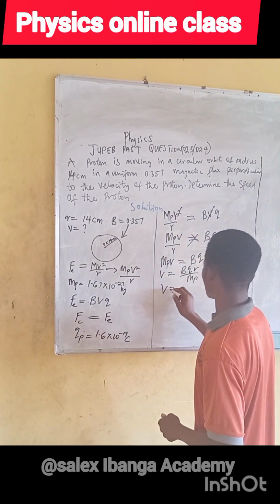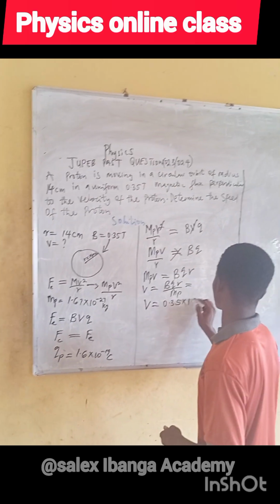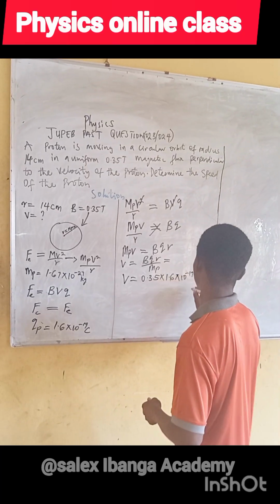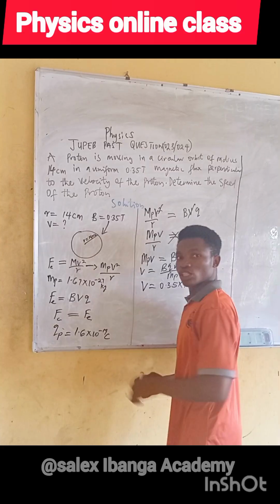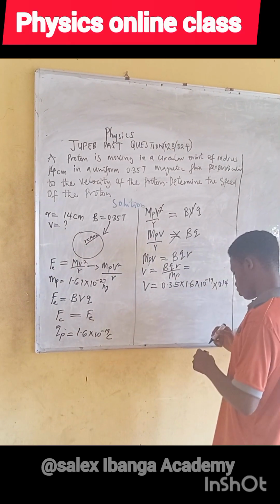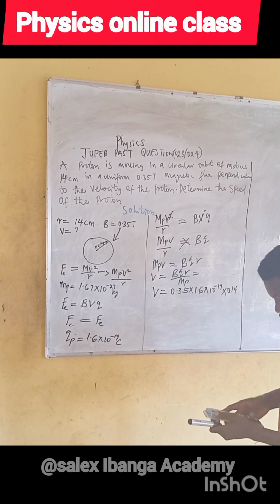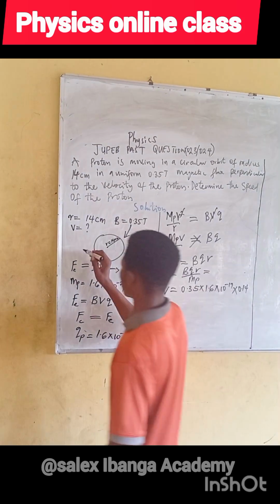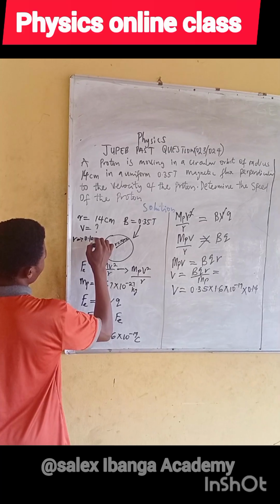So our V will be equal to 0.35 times 1.6 times 10 raised to the power minus 19, times the converted r. We convert 14 divided by 100, which gives 0.14. So r is equivalent to 0.14 meters.